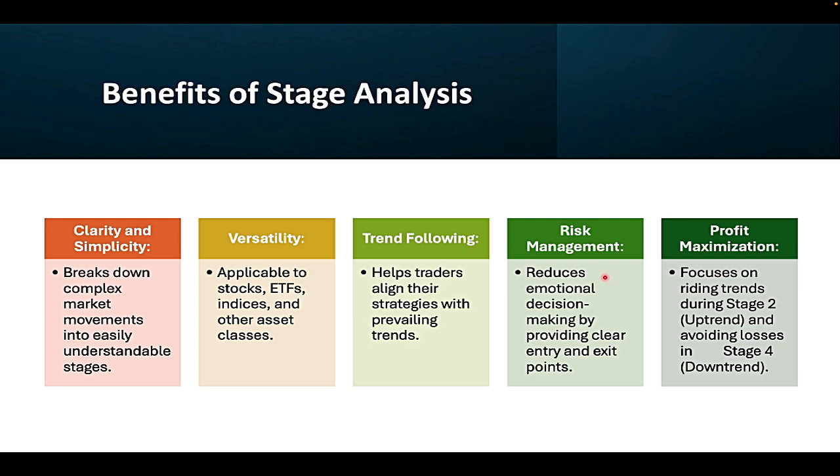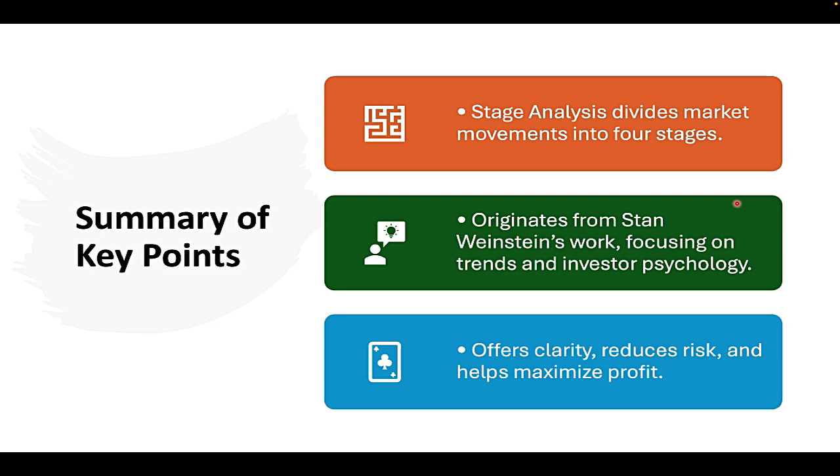If it's going up, you are in the stock, in the trade. As soon as it goes down in stage four, you are out of it. Based on this, you are able to maximize your profit. So these are the five benefits of stage analysis.